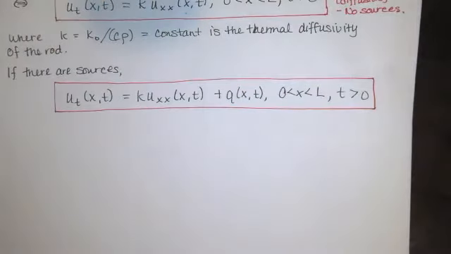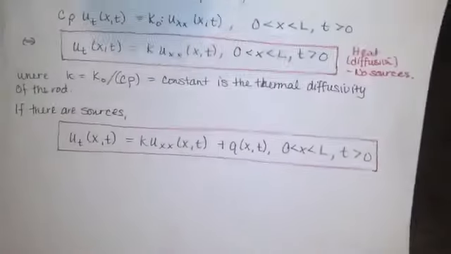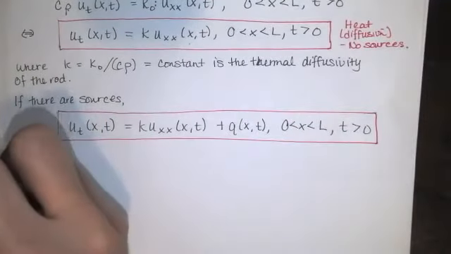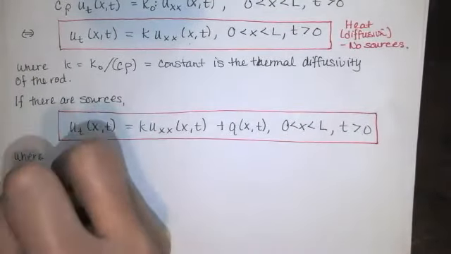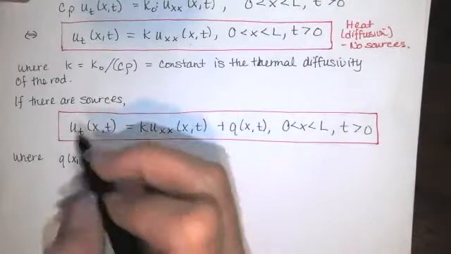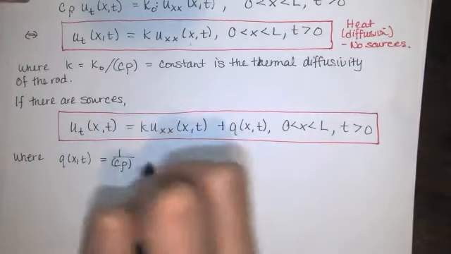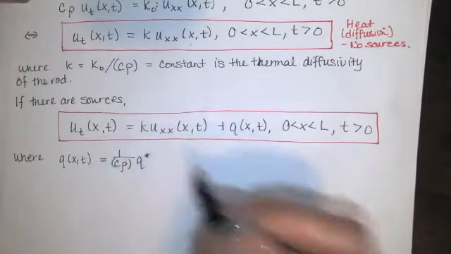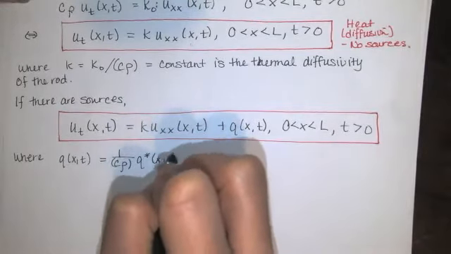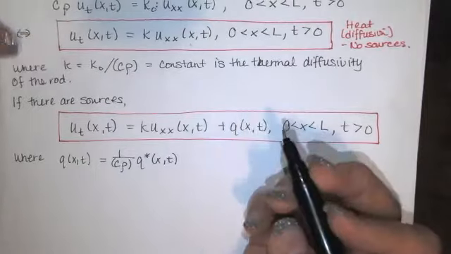So if you want to, you could call this function Q star, where our new function representing the sources is equal to 1 over c times rho times the original source function. So it's just a constant multiple of the source function that we had before.